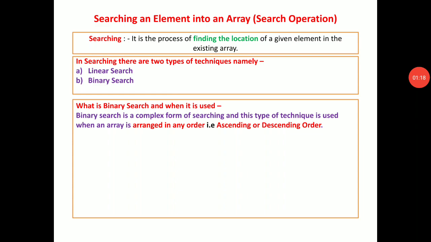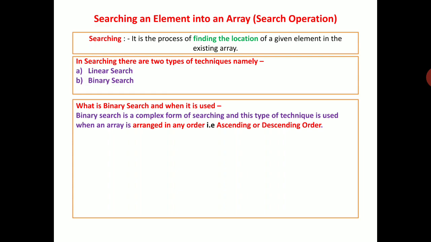Binary search is a complex form of searching, and this technique is used when an array is arranged in order, that is ascending order or descending order. In the previous video also I discussed that the binary search technique may be complex, but it can be applied only on sorted arrays.